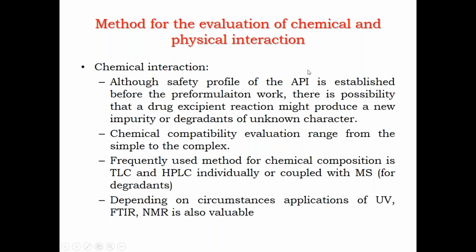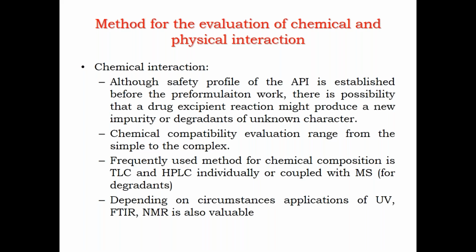The safety profile of the API, that is the active pharmaceutical ingredient, is established before the pre-formulation work. Correct. That is the characterization we do. We already understood that the drug excipient reaction might produce a new component. There are many things that can happen when the drug interacts with the excipient. The result is that a new impurity might form.